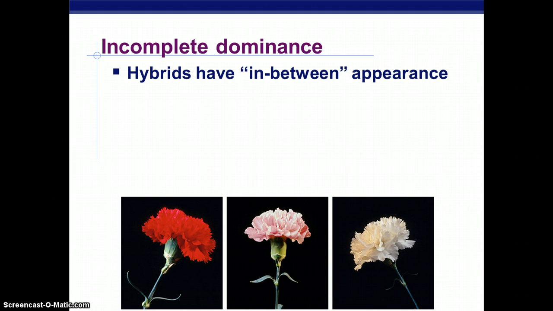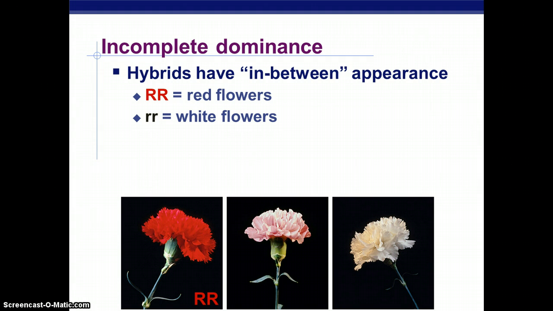However, what happens when it does not work this way? Well, you can have several things happen. You can have incomplete dominance, where it creates hybrids that have an in-between appearance. So, for example, in carnations, if it is homozygous dominant for the color red, you'll get a red flower. If you are homozygous recessive, then you'll be white.